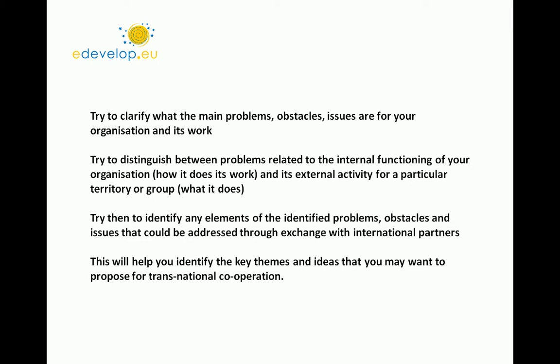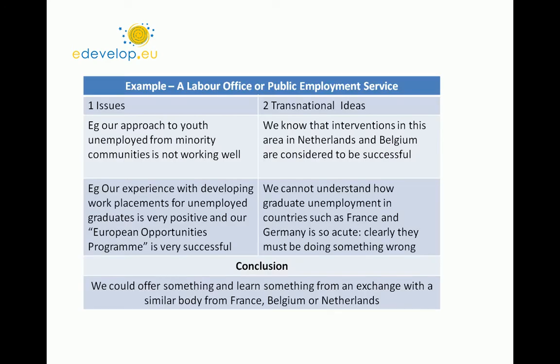If you follow this kind of questioning, then you will be able to identify the key themes and the ideas that you may want to propose for transnational cooperation. So let's see how this works in practice by looking at the next slide.